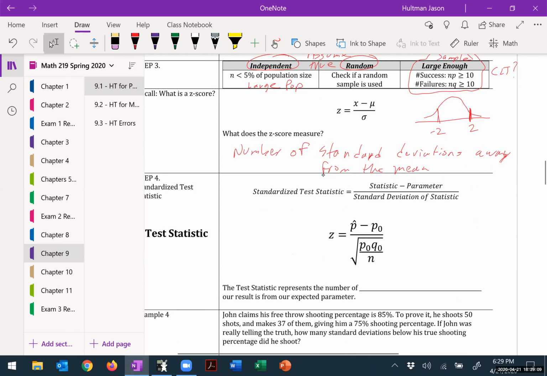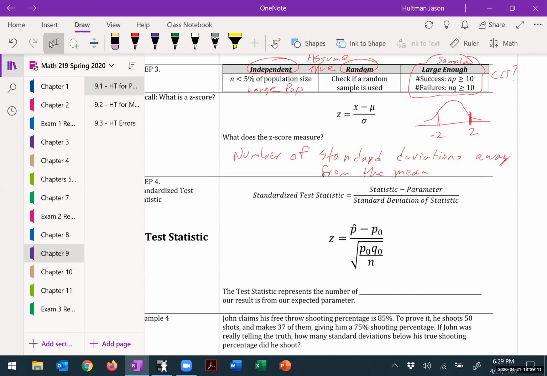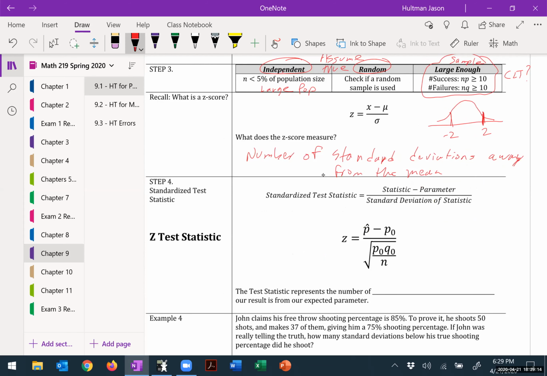For a proportion, we're going to calculate our z-score. The test statistic is always the statistic. This is our sample proportion minus the parameter, our population proportion, all over our standard deviation, which in this case we're going to call our standard error.